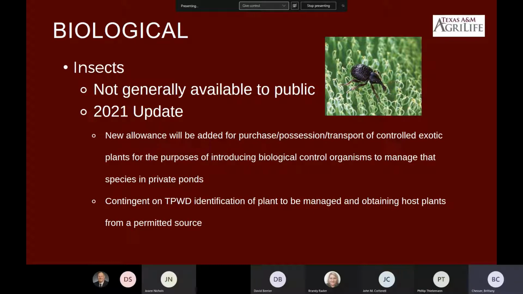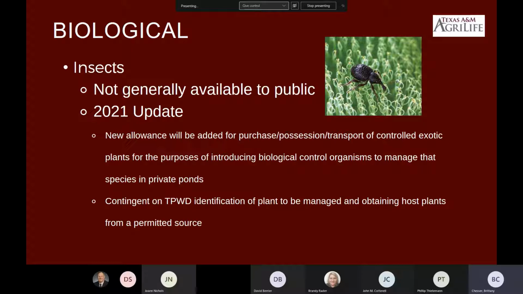This new allowance will hopefully allow the general public to purchase, possess and transport these controlled exotic plants for the purposes of introducing, for instance, the giant Salvinia weevil to manage the giant Salvinia in your pond. This is something very new.